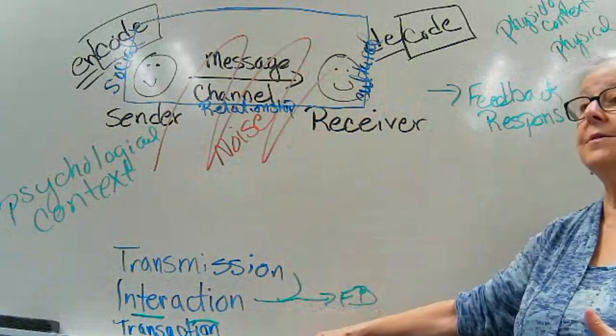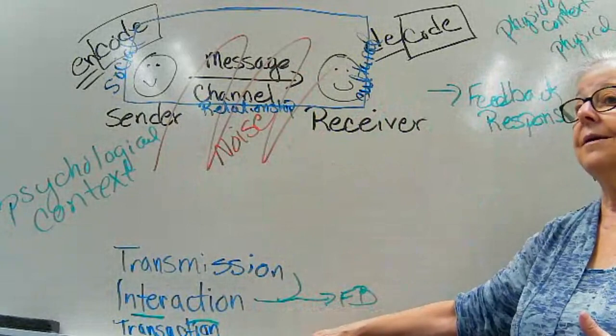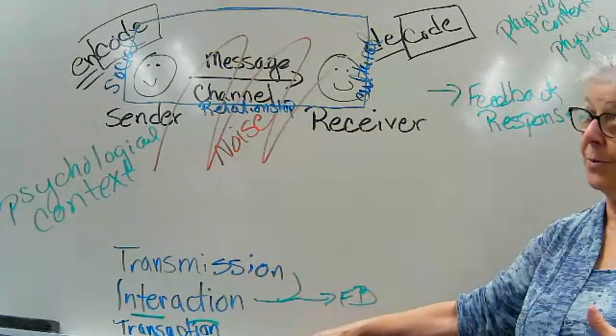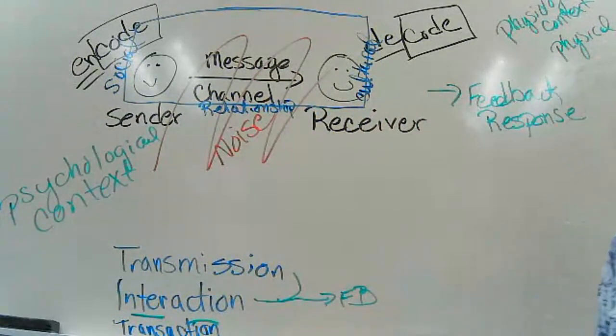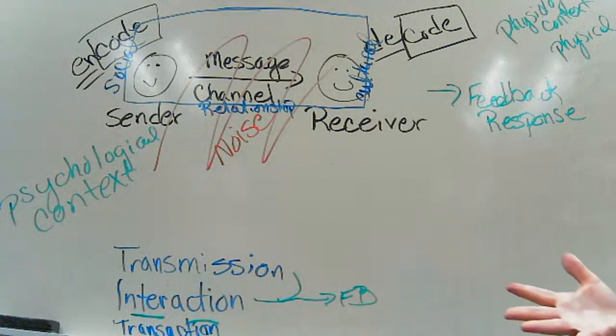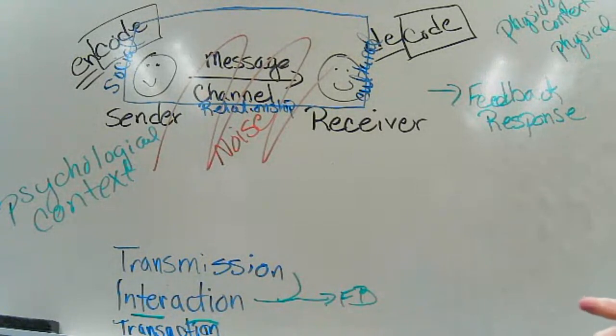There is some transaction going on because I bet some of you might be on your phones while you're listening to my lectures or even talking among yourselves or what have you. So this is what we call the models of communication, right?